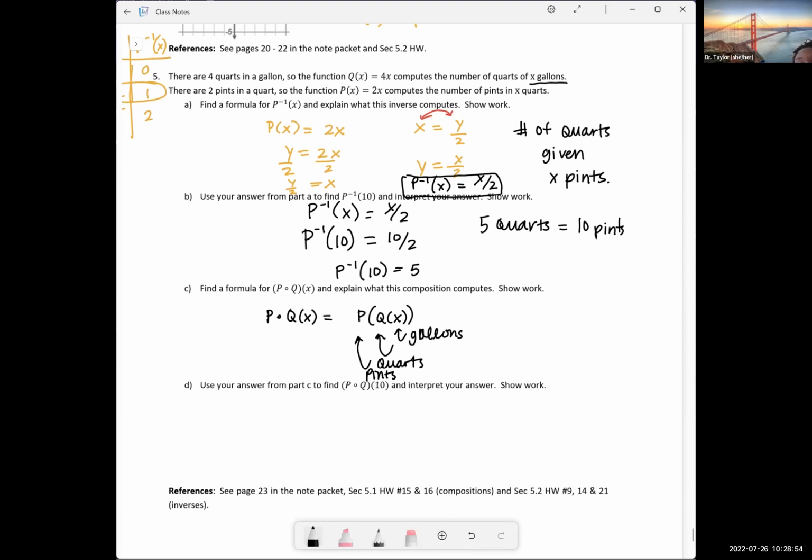So Q of X, the equation is 4X. We're putting that inside of 2 times X. So we get that P of Q of X equals 8X.